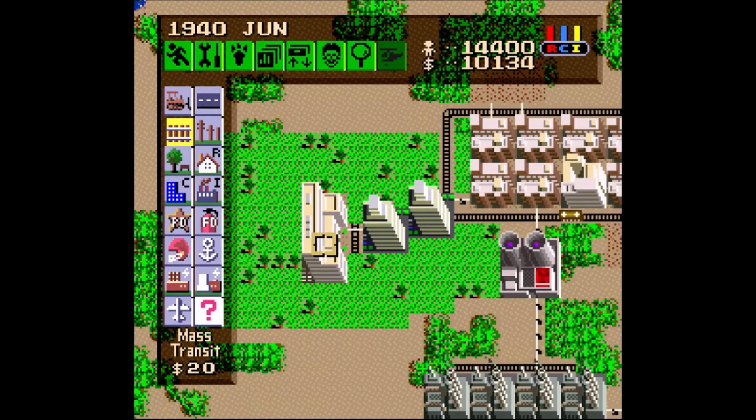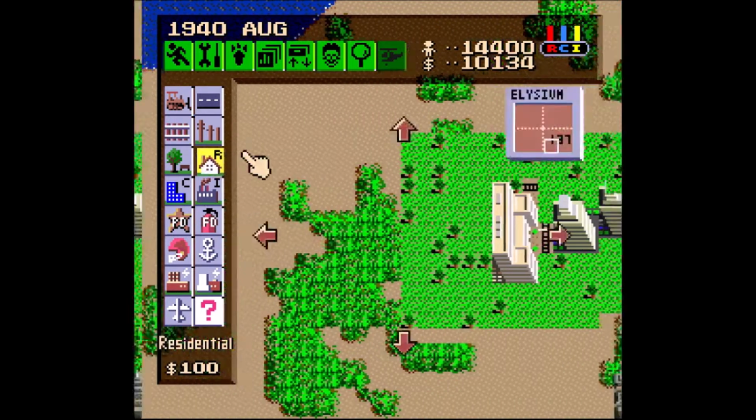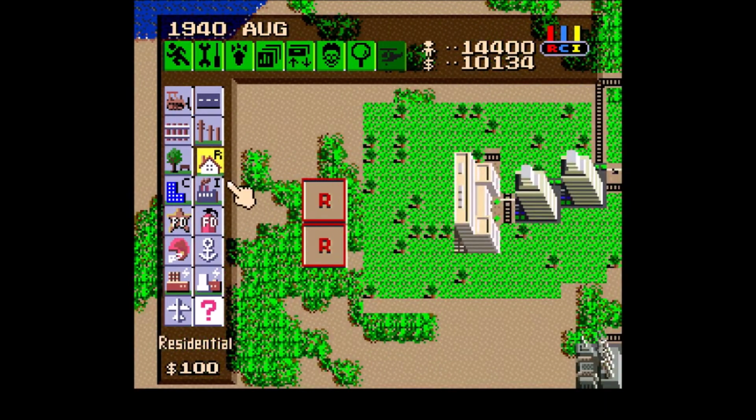Residential and commercial tops. Here's our residential top. The first property that I'm going to talk about is transportation. When you get a top, all calculations are done on the top portion of a vertical top and the left portion of a horizontal top. And when I say left and top, let's build 2 more residential zones.